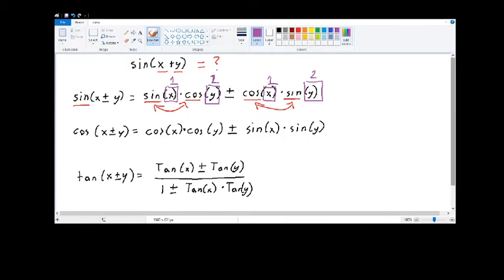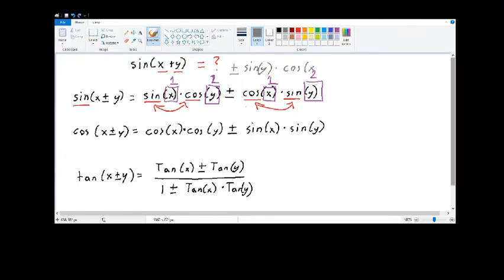The absolute standard, you might see them. It is possible to see them separately, where you might see instead sine of y times cosine of x being added or subtracted within the equation.